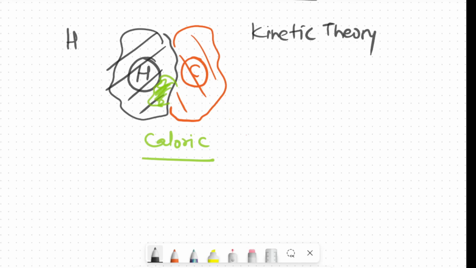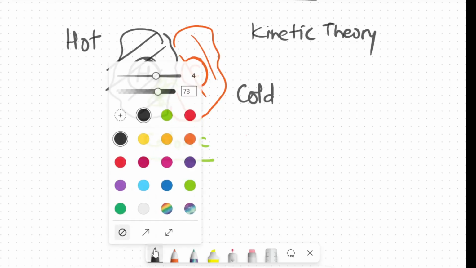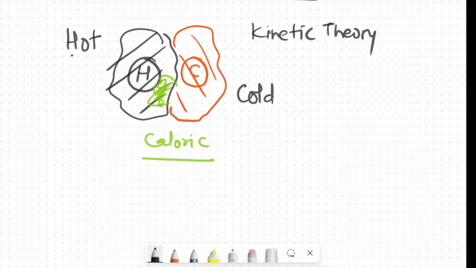One is a hot body and another is a cold body. Now, friends, when we are saying it's a hot body and cold body, it means that there is a temperature difference between these two bodies.